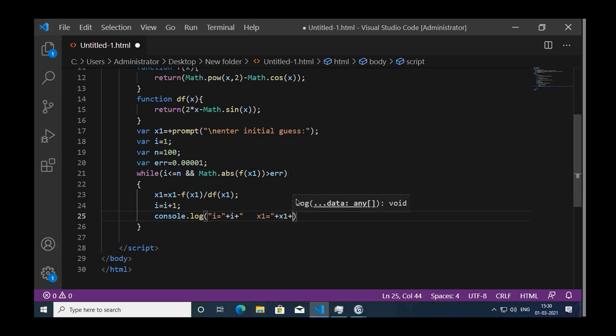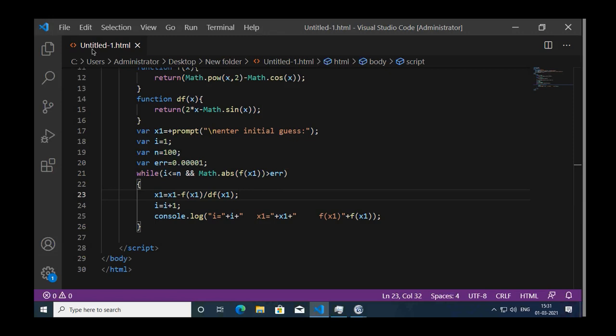So I have the x1 plus, then in the double quotes, let's have f of x1 and then plus f of x1. So this is what I want in console log, and that's it. I have played my part. Okay, so this is what I am going to have.